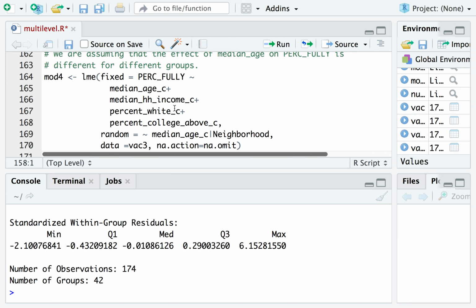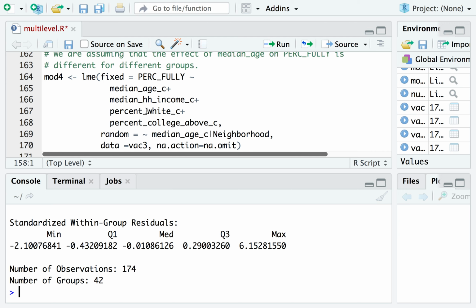What this means is that the impact of median age on my dependent variable, which is percent fully vaccinated, the effect of median age of a zip code on percent fully vaccinated varies across groups, and not just the intercept, but also the slope.